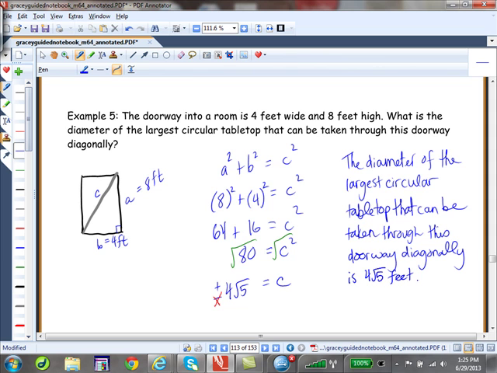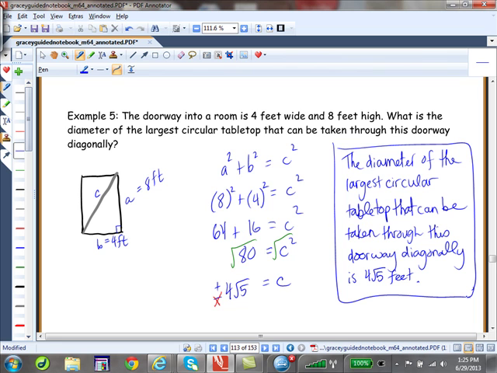Okay. So it'd be a little over 8 feet if you got an approximation. So remember, to approximate, you would do 4 times root 5.